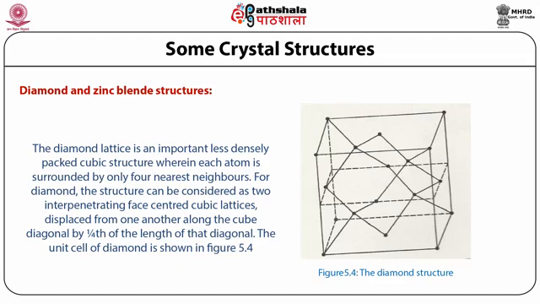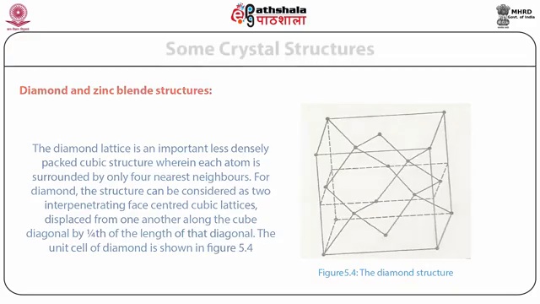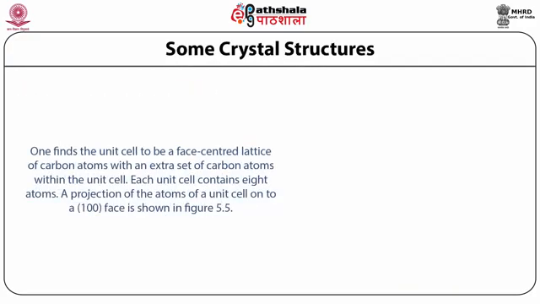The unit cell of diamond is shown in figure 5.4. One finds the unit cell to be a face-centered lattice of carbon atoms with an extra set of carbon atoms within the unit cell. Each unit cell contains 8 atoms.